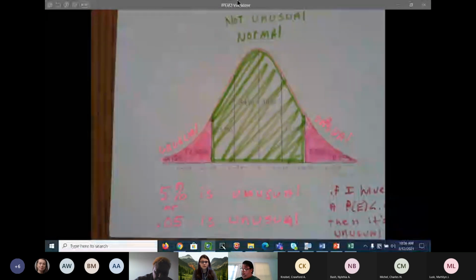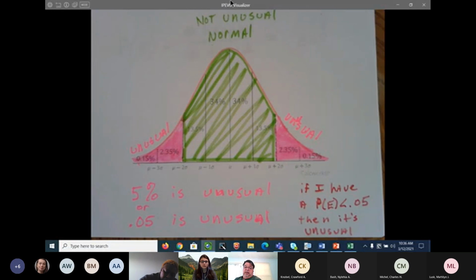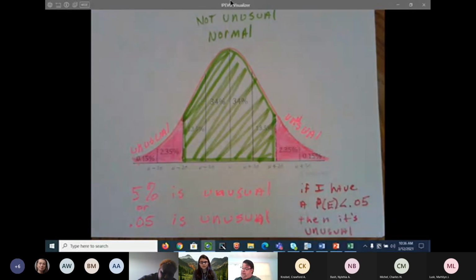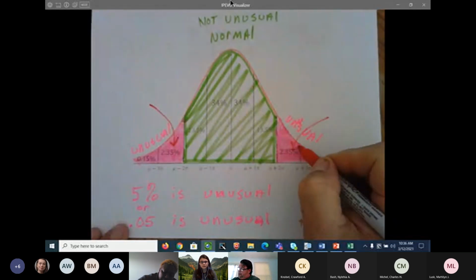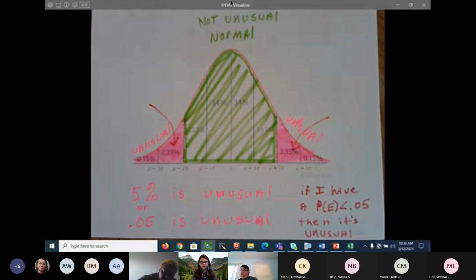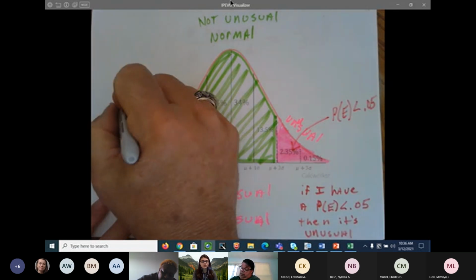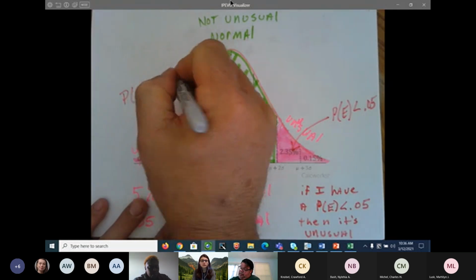Unusual. If I calculate the probability of an event and it is less than 0.05, then that means it falls into what? Those two areas. So, probability of an event being less than 0.05.